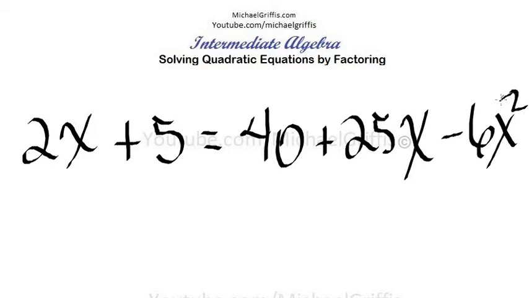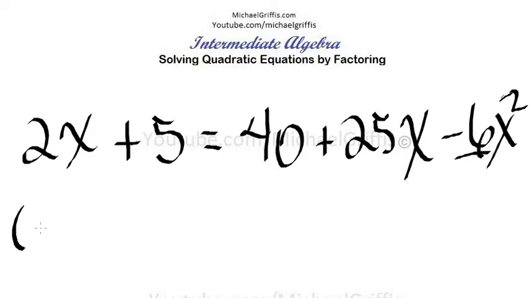So the first thing we're going to want to do is get this thing into standard form. Since we have a coefficient over here, negative 6x squared, or you can interpret that as minus 6x squared, we're going to take this over to the left, which means we're going to add 6x squared to both sides.